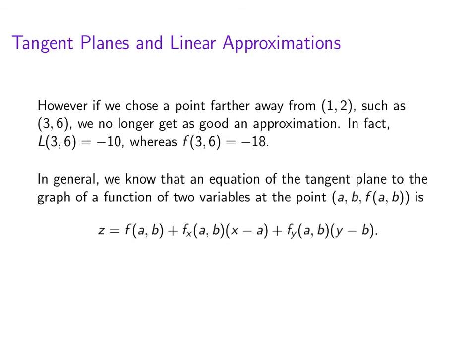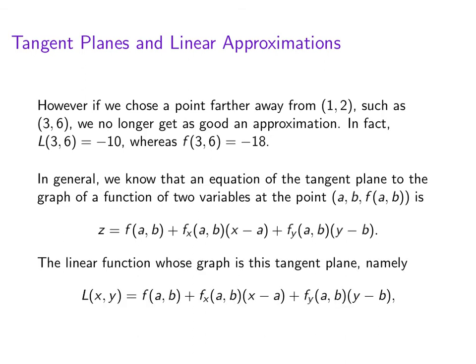So, in general, we could say that an equation of a tangent plane to the graph of a function of two variables looks like this: z is equal to f of (a, b) plus f_x of (a, b) times (x minus a) plus f_y of (a, b) times (y minus b). This is just the general form of an equation of a tangent plane with the f of (a, b) moved over.